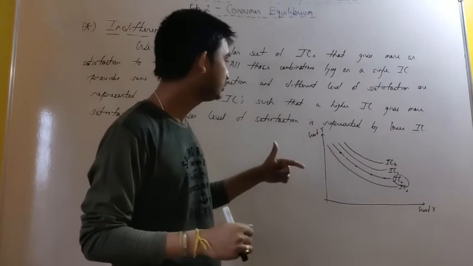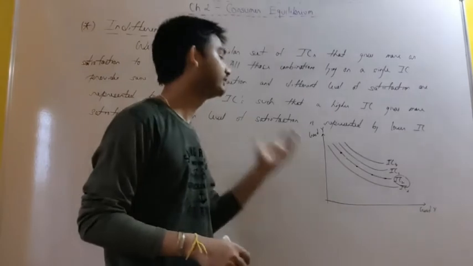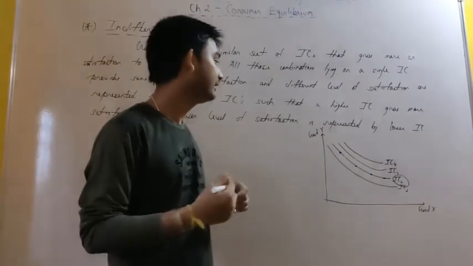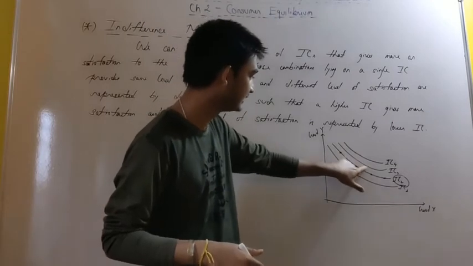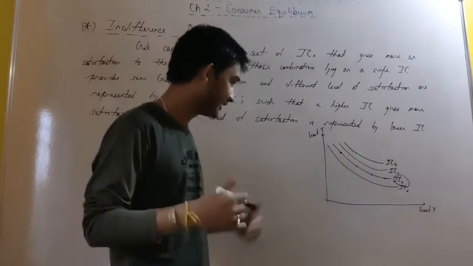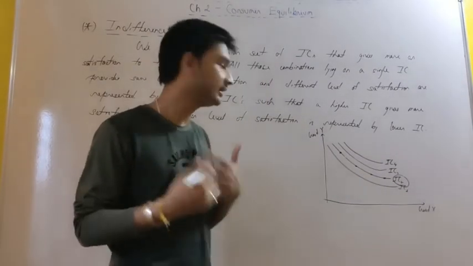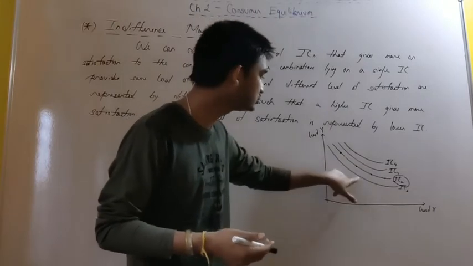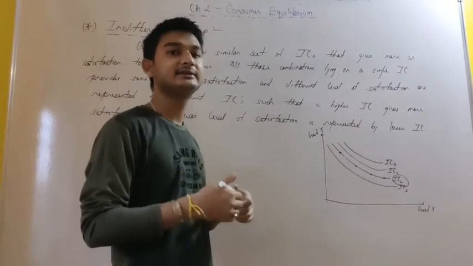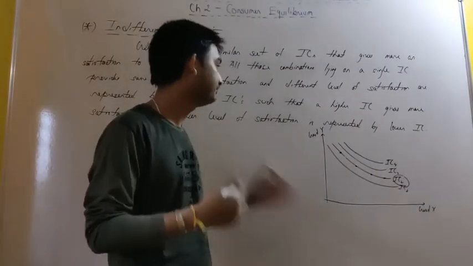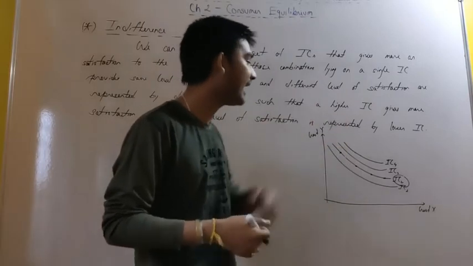But if we choose a combination on a different indifference curve, it gives a different level of satisfaction. If we choose any combination on IC3 or IC4, which are higher than IC2, it provides a higher level of satisfaction. If we choose a combination on IC1, it provides a lower level of satisfaction, because it is lying below IC2.